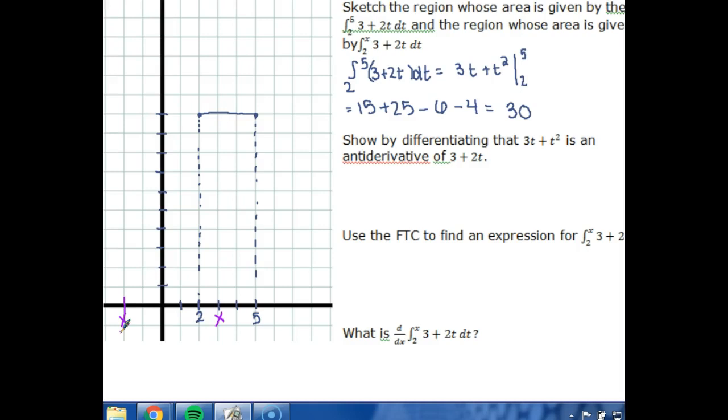So what we want to do is show that by differentiating 3t plus t squared, we get the antiderivative of 3 plus 2t. Could you see that if you took the derivative of this, we would get that? That's pretty easy for us, right? So this is kind of like saying capital F of x is equal to 3t plus t squared. So lowercase f of x would equal 3 plus 2t. So we understand that connection.